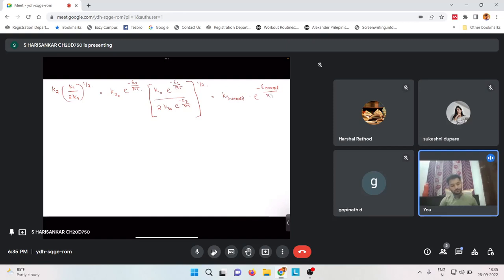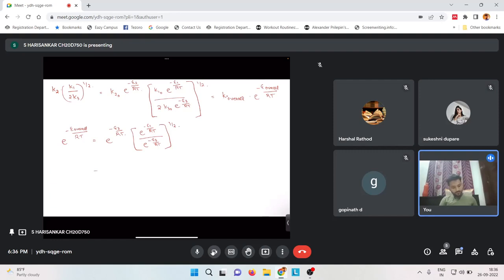So now what we can do is equate the exponential terms. So e^(-E overall/RT) will be equal to e^(-E2/RT) into e^(-E1/RT) by e^(-E3/RT), the whole raised to 1/2. Okay. Now we just have to simplify the right hand side.